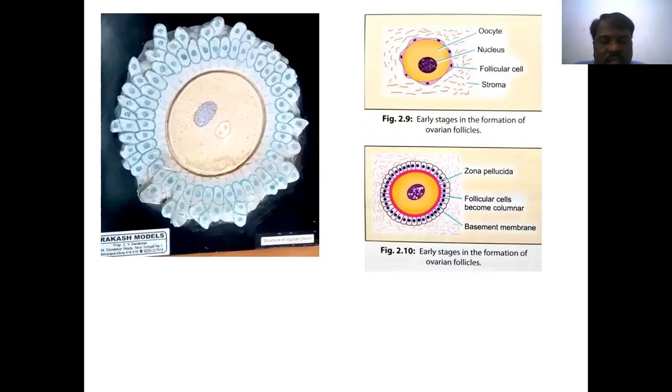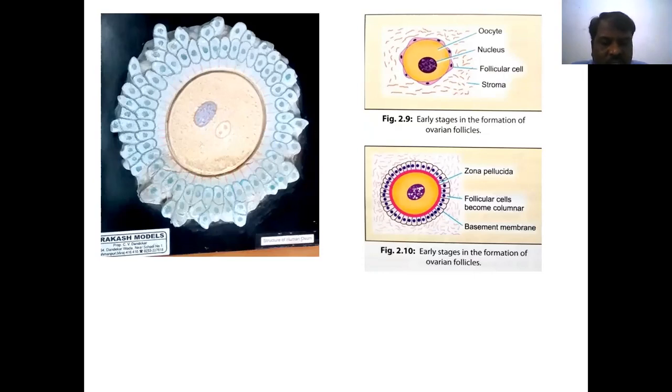This is given in the textbook: how the zona pellucida forms. In some specialized cells from the stromal cells, one side is columnar, and inside is the cell membrane, and the oocyte also secretes substances so that the zona pellucida, a thick and transparent layer, forms. So this is the second step.